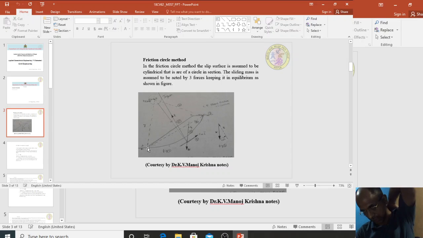So area ABDA is equal to the curvilinear triangle OAD minus the straight line triangle OAD. That means if I deduct this much area, we will get only this dotted line and this curvilinear portion, but the sliding soil mass is composed of this portion also. Therefore, plus triangle ABD.